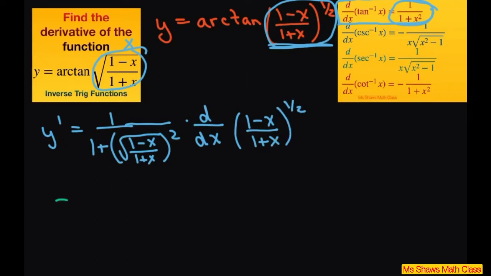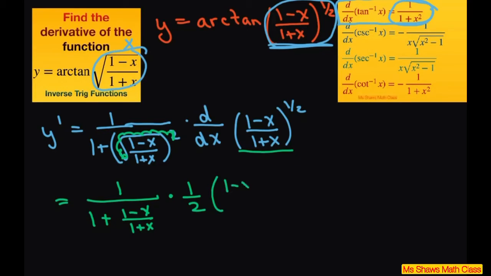So this gives me 1 divided by, and I can cancel out this square and square root. So it's just going to be 1 plus (1 minus x) divided by (1 plus x), times. Now when you differentiate that, use your chain rule: 1/2 times (1 minus x) divided by (1 plus x) to the negative 1/2 power. And then you have to differentiate this inner function.